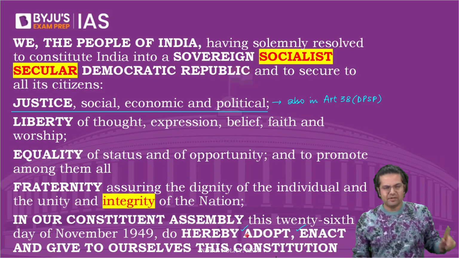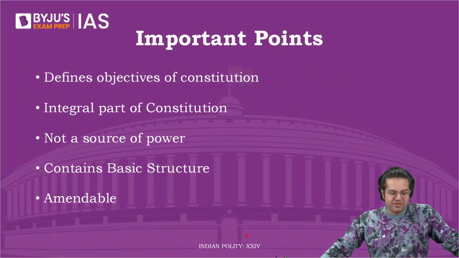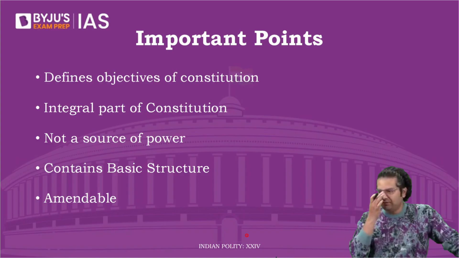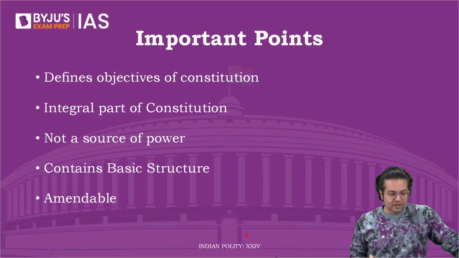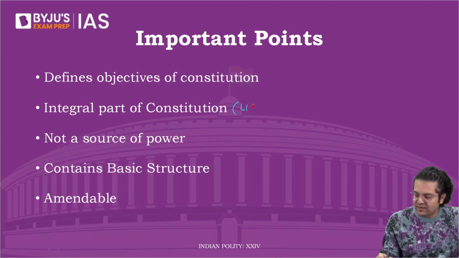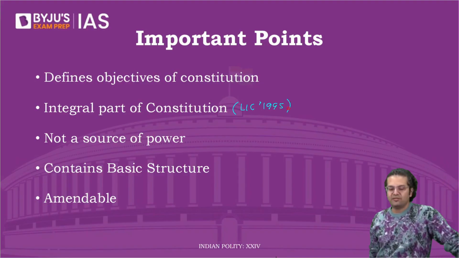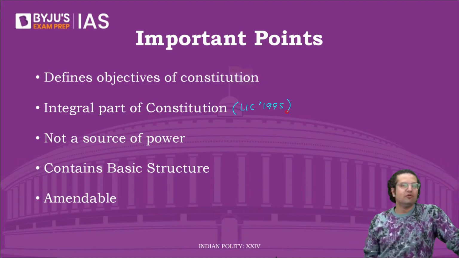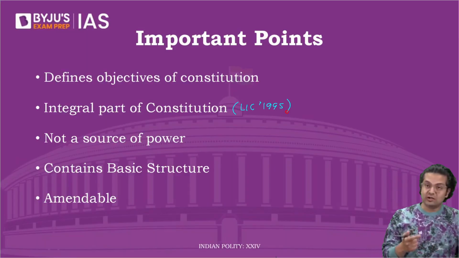Now, important points. Point number one: preamble defines the objectives of the constitution. As we have said earlier, it is the preface, the identity card, the essence, the philosophy. It's an integral part of the constitution. In the LIC case 1995, the Supreme Court said that preamble is integral to the constitution. You cannot remove the preamble from the constitution. Then it is not a source of power.